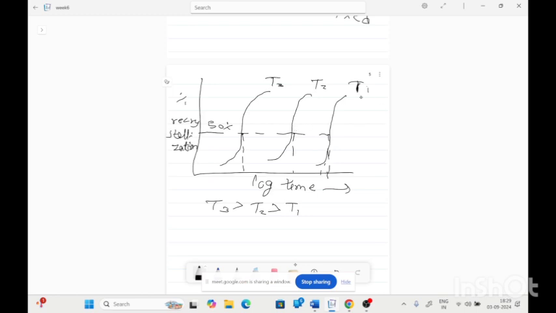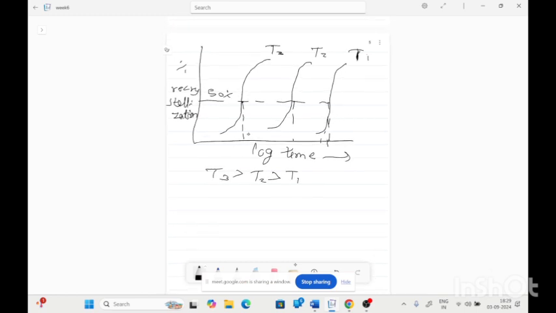For the low temperature, the time for 50% recrystallization is higher. T1, T2 and T3. So this is time and this is temperature.